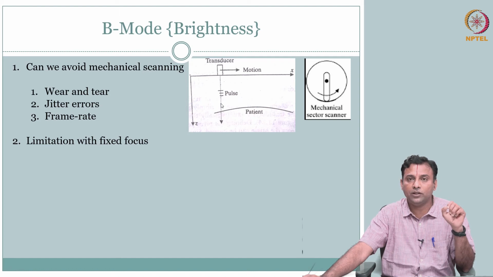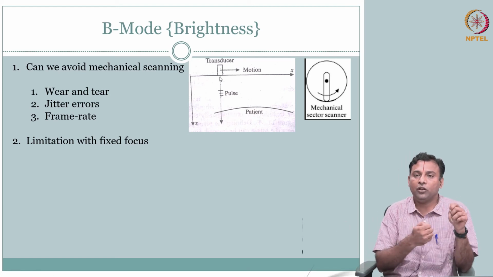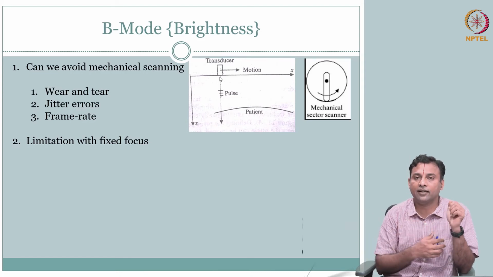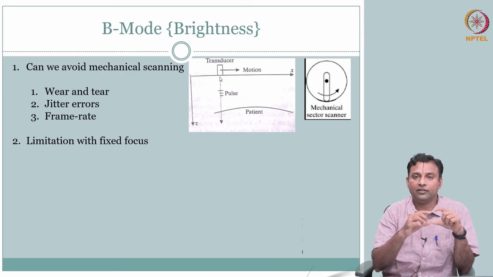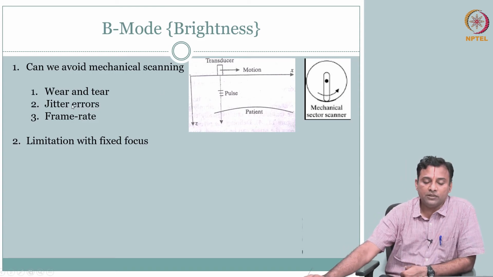But then the challenge was, you can have only one lens because there is a physical acoustic lens put in front of the transducer. So each transducer will have one focus. So if you want a focus at a different depth, for example, you need to take another transducer or just live with this. Move the patient, the object can be moved up and down so that it fits the focus. So in some sense it's very limited.